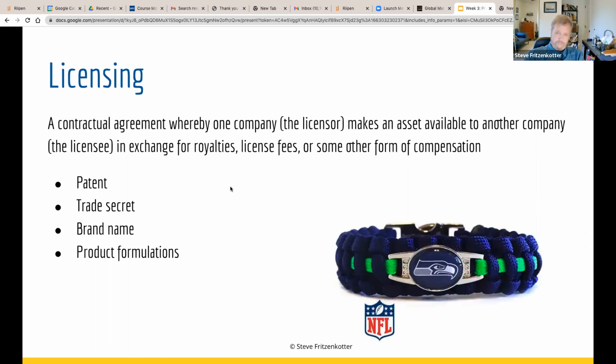Licensing has to do with royalties being paid. The National Football League is a very well-known entity around the world, a brand. That brand is valuable, and if you want to sell their merchandise, you're going to have to pay them a royalty, probably 20 to 25% of the sale price.